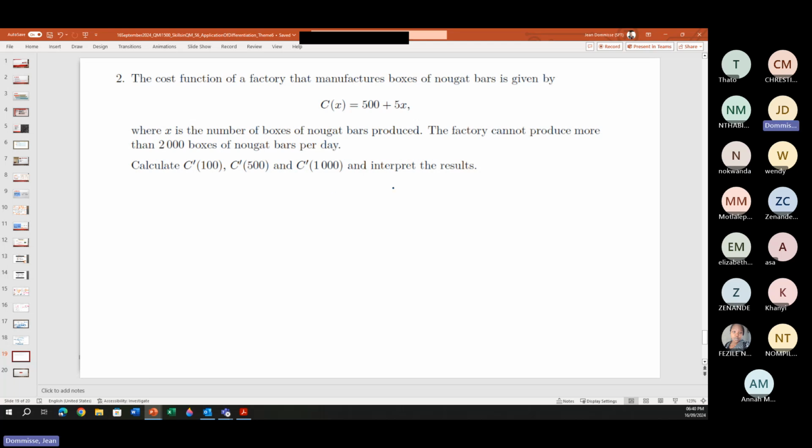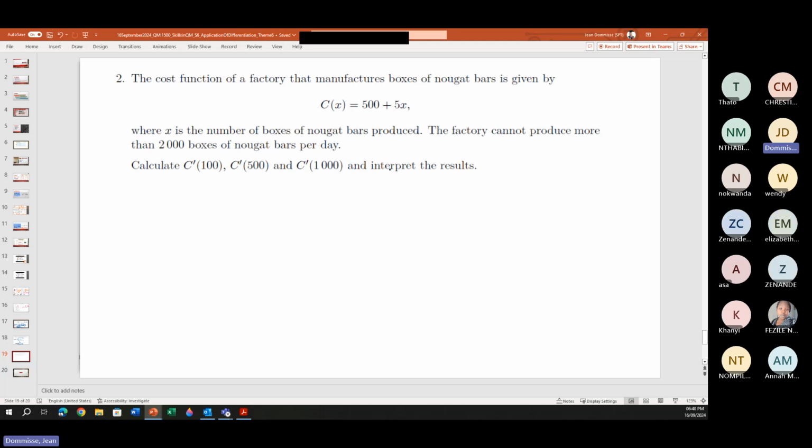Okay, then here's something a bit different. So the cost function of a factory that manufactures boxes of nougat bars is given by, so that's the cost function, where X is the number of boxes of nougat bars produced. The factory cannot produce more than 2,000 boxes of nougat bars per day.